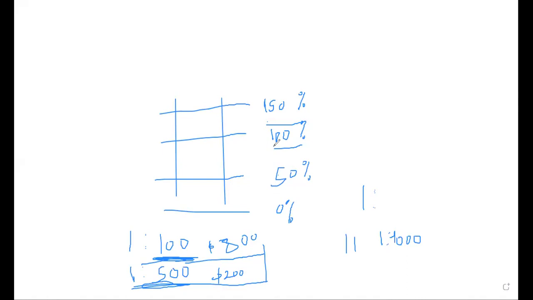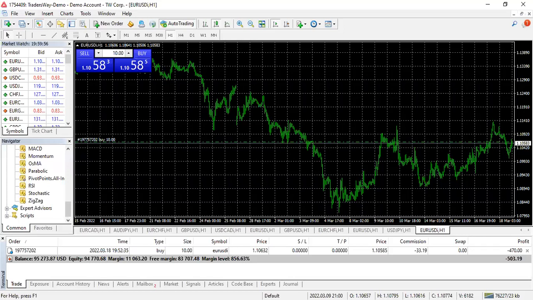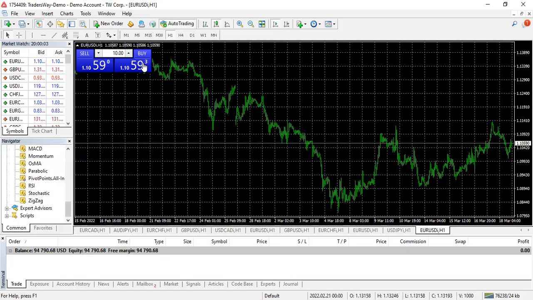So to explain further, what is the stop out level? Stop out level is the level at which your account will automatically close you out. You'll be closed out from the market automatically. Like this trade now, I can close it manually.